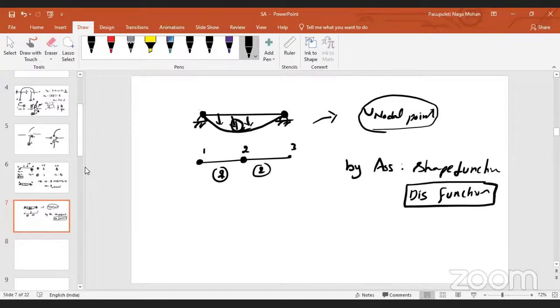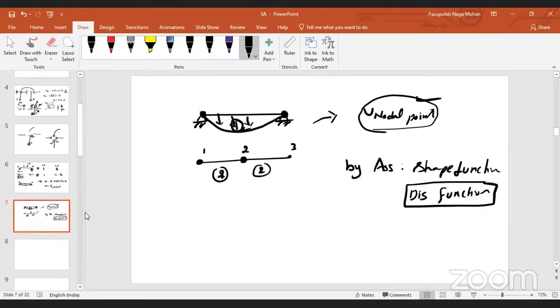That means, with the help of the nodal displacements, you can find the displacement at any point of the beam. That's why, whenever we talk about indeterminacy, we always speak at the joint points, or simply nodal points.